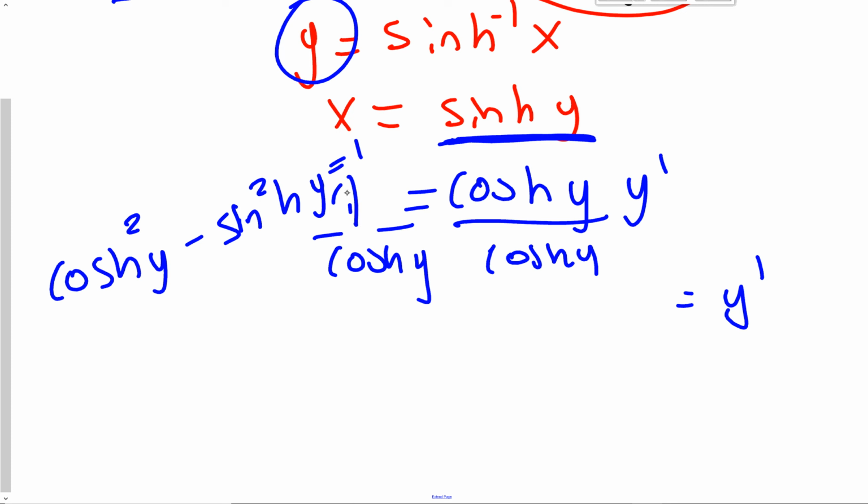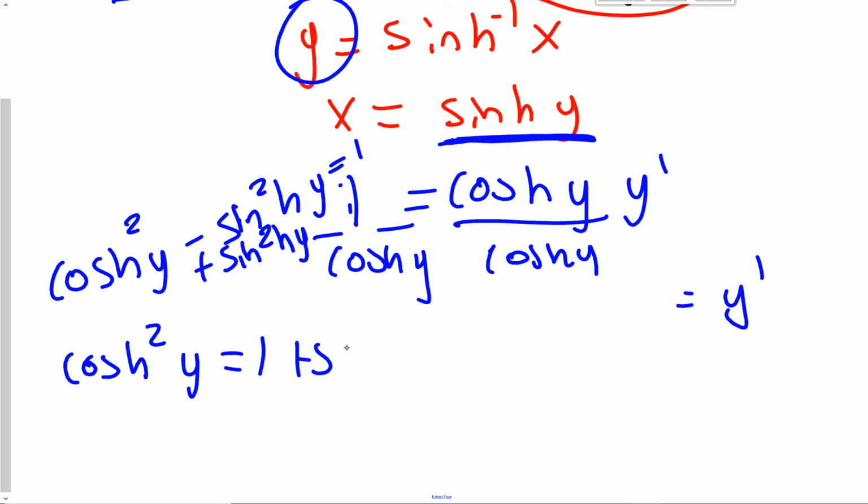If we solve this, we can just add hyperbolic sine squared. And so the hyperbolic cosine squared equals 1 plus hyperbolic sine squared, where the squared goes outside the h.